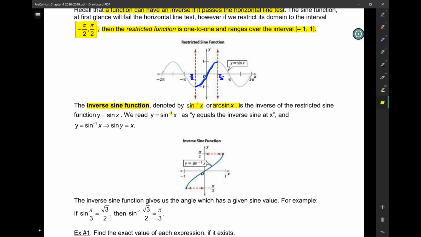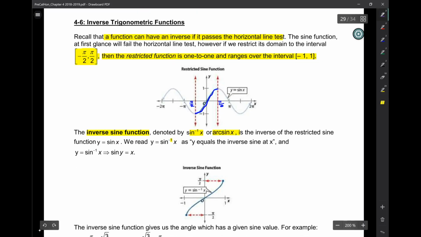Let's take a look at some important characteristics between a function and its inverse. If we look at f of x, the sine, for the restricted function, the domain is negative pi over 2 to pi over 2, and the range is negative 1 to 1.